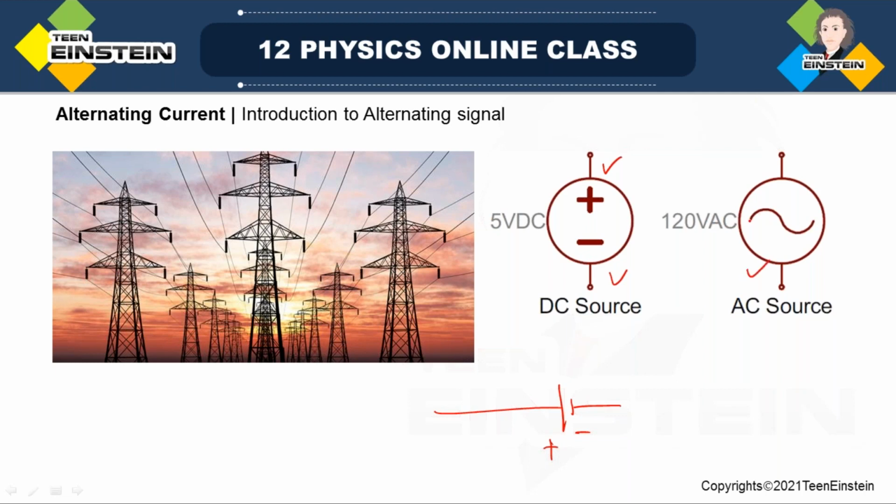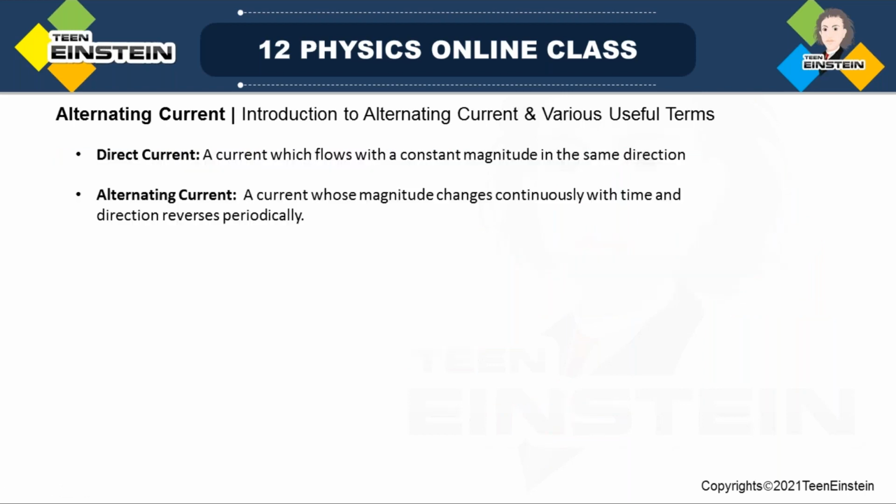This is a kind of sine curve. So this is the symbolic representation of AC sources, which we'll be using for alternating current or voltage.